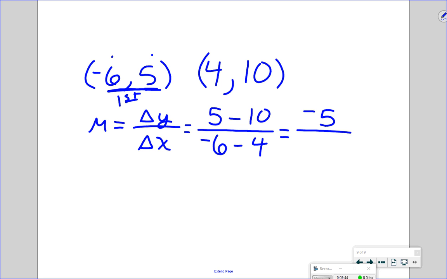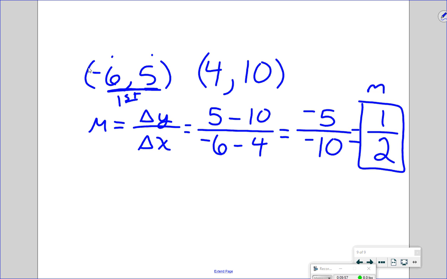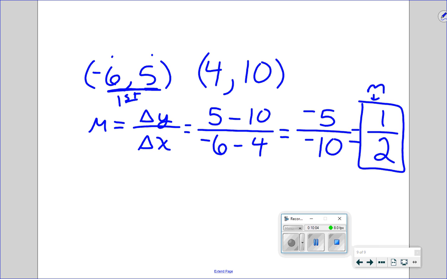That's my rise. -6 minus 4 is -10. That's my run. A negative over a negative is a positive, and 5 over 10 simplifies to 1/2. So my slope is 1/2. And that's how you calculate the slope if you're given 2 points and you can't or you don't want to graph it.